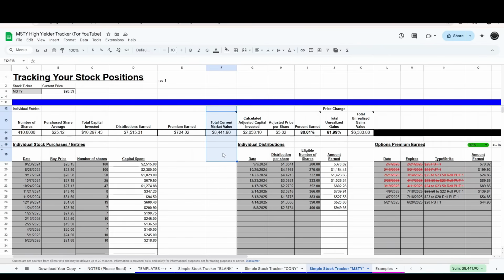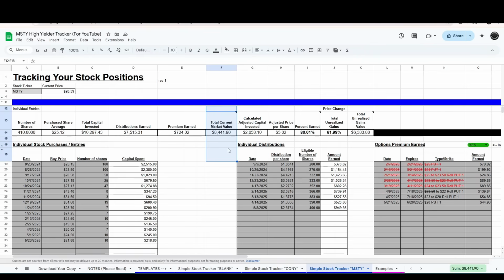This cell here, showing $8,441.90, is basically the number of shares that you have times the current price. Currently, the market value of my position is $8,441.90.